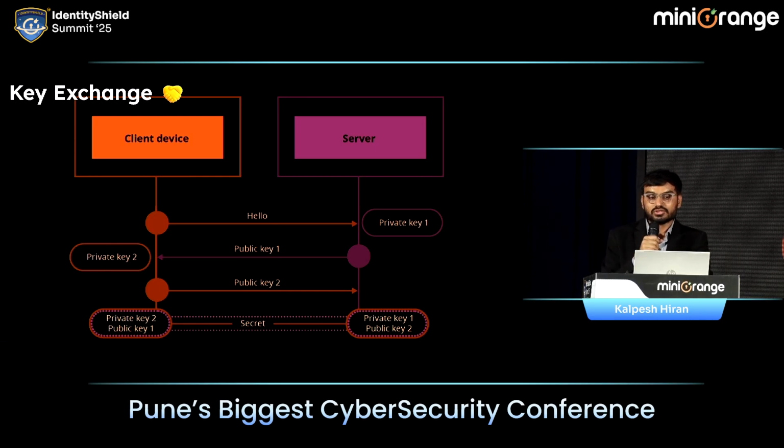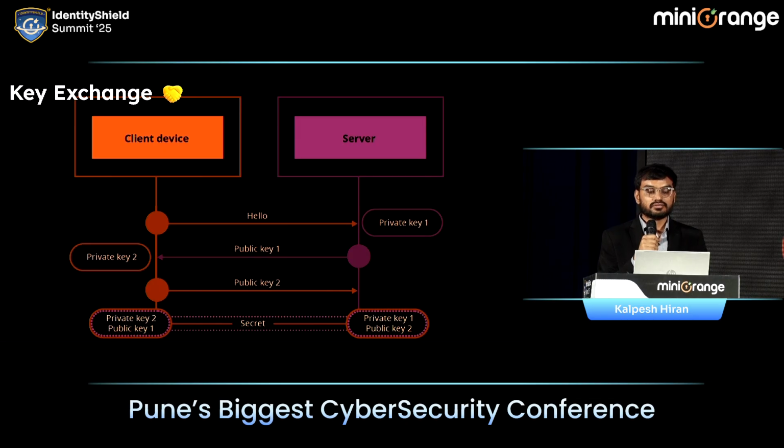So now both entities have the other entity's public key. Now the client device can send encrypted traffic using the server's public key, and the server has the private key with it, so it can easily decrypt.